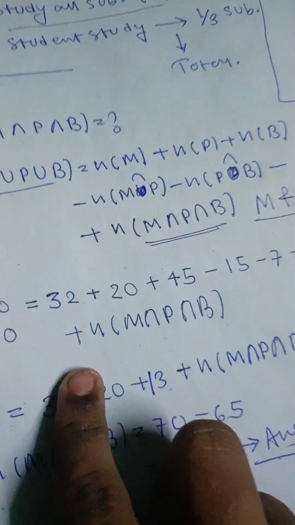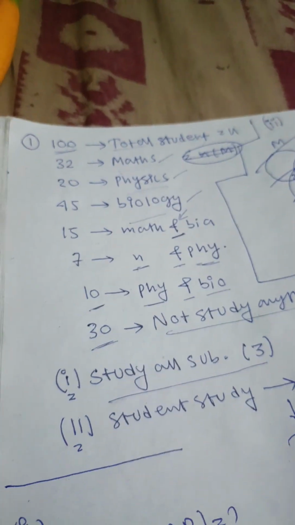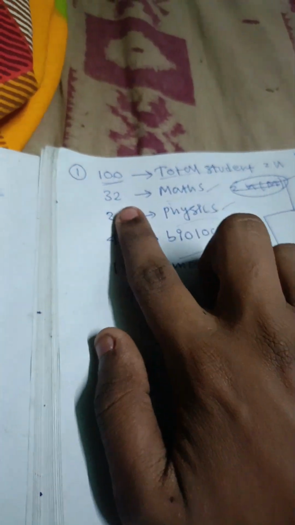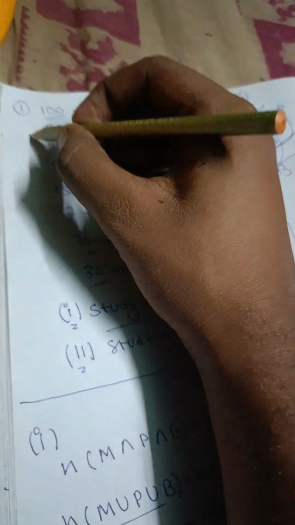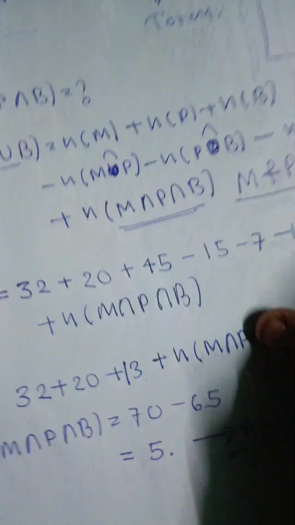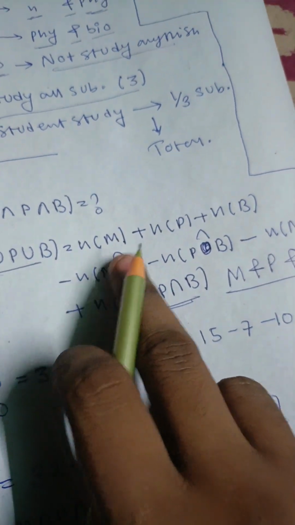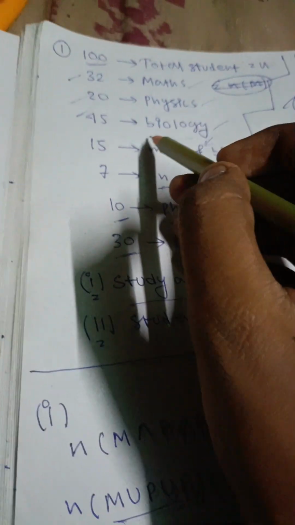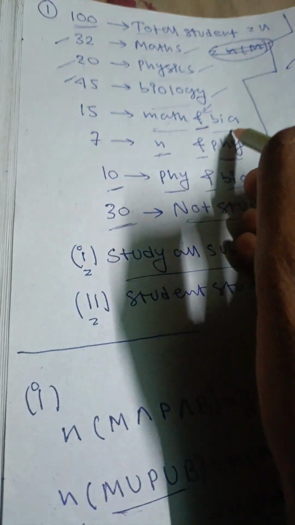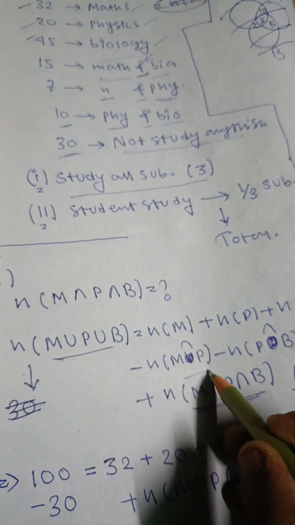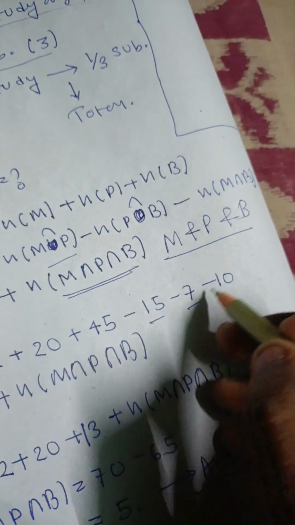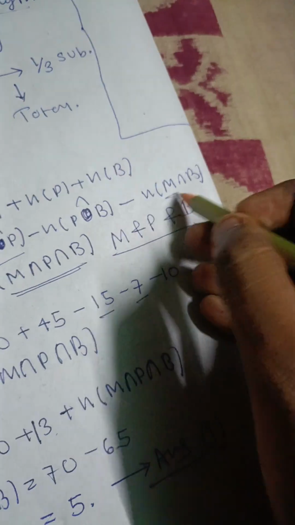Then the number of students studying maths is given as 32, physics 20, and biology 45, it is given in the question. Okay, 32, 20, 45, you got that. Then maths and biology is 15, maths and physics is 7, and physics and biology is 10.